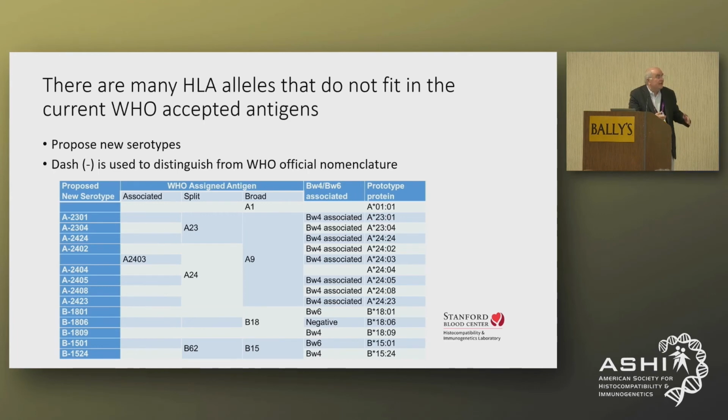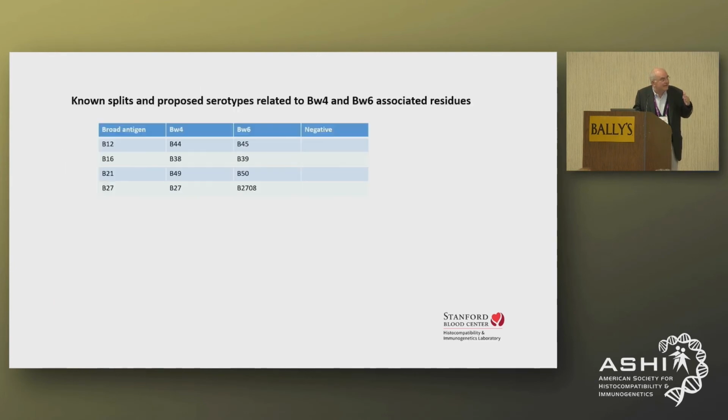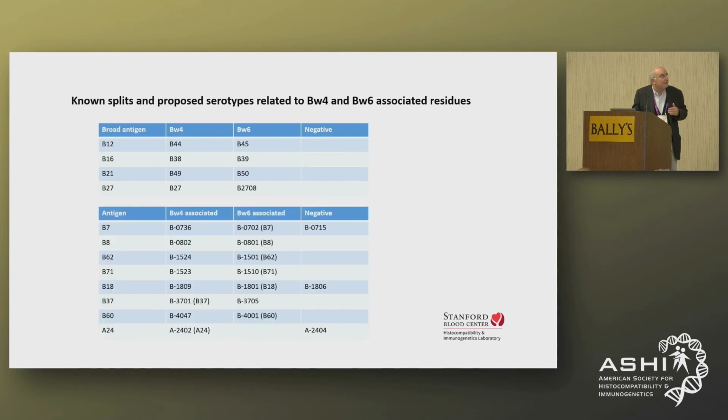So we feel there is a need to define that serotype as well, just to be comprehensive and systematic. For example, we know BW4 and BW6, the related B16, B12, B25, B21 and B27; if you follow BW4 and BW6, you get the splits or the associated antigens.